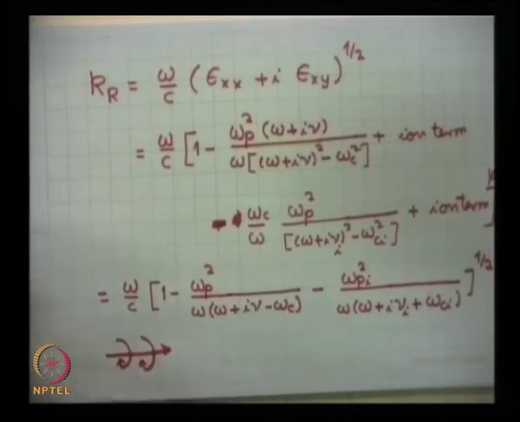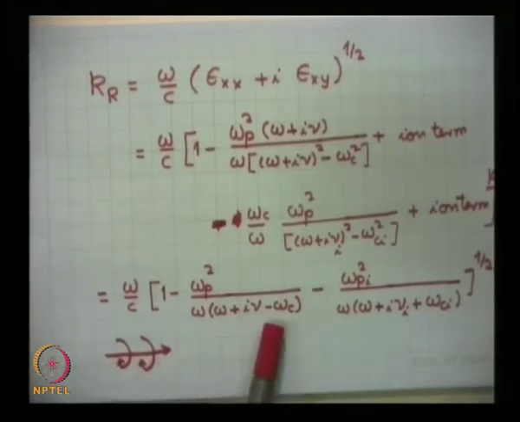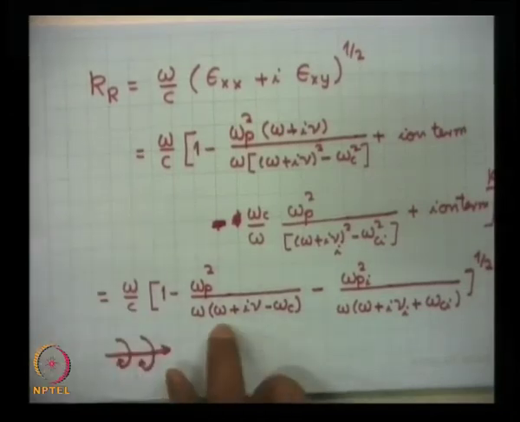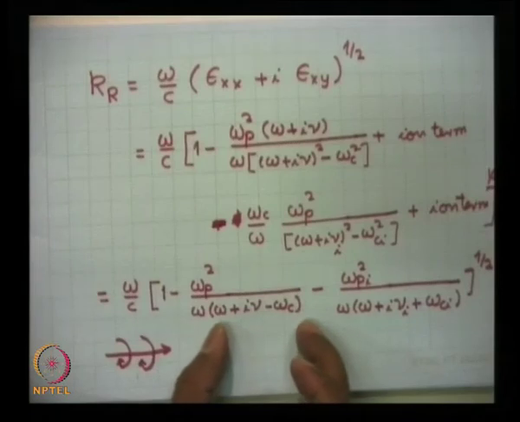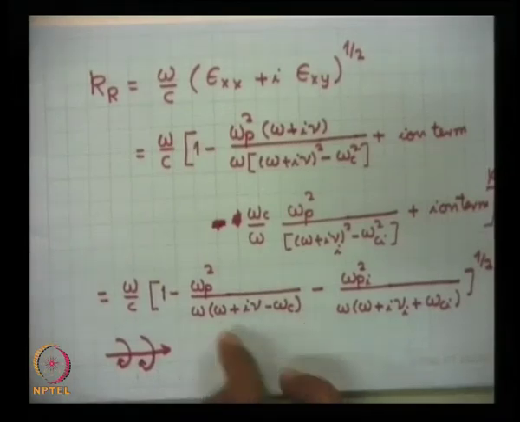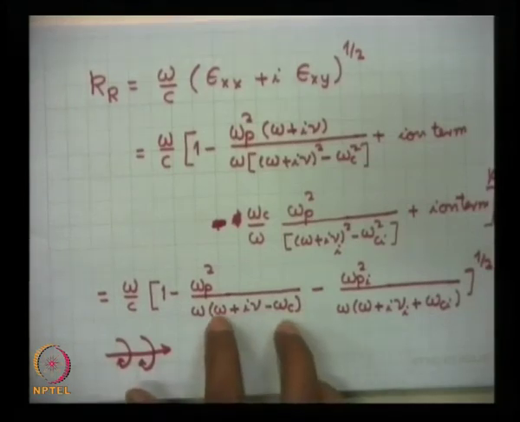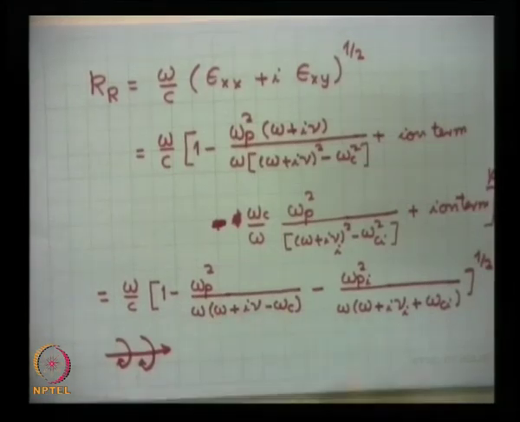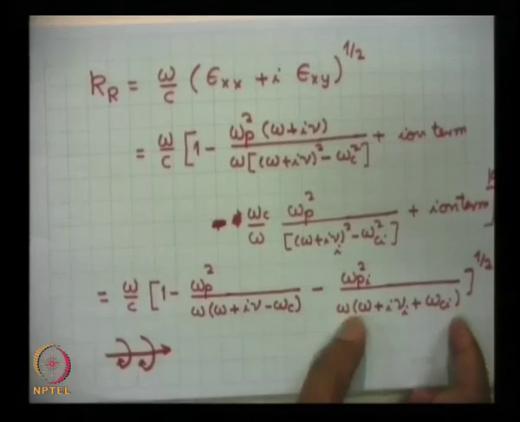If the electric field rotates in the same sense in which an electron would have a tendency to gyrate, then the wave field as seen by the electron will be shifted in frequency, and the effective frequency of the wave as seen by the particle will be omega minus omega c. There is a possibility of resonance when the two become equal. In the case of ions, the ions gyrate in the opposite sense, left-handed, and consequently for this mode there is nothing like a resonance.